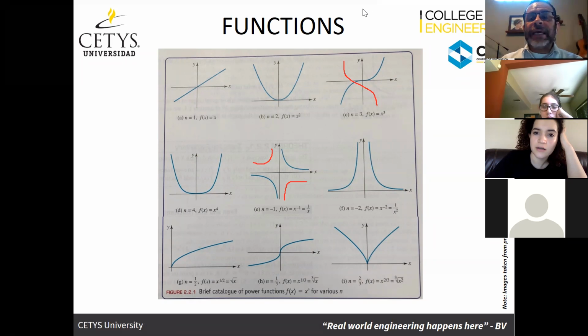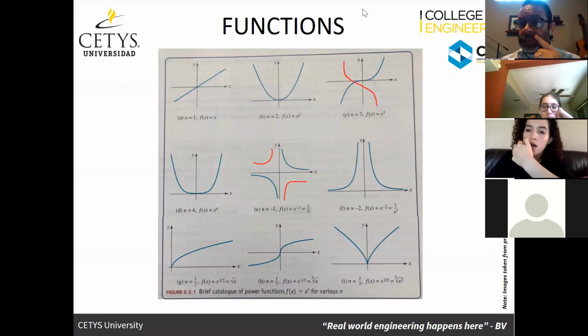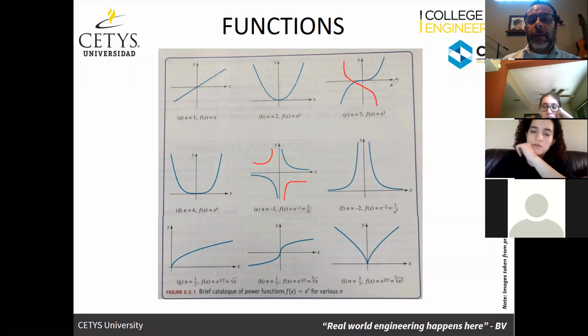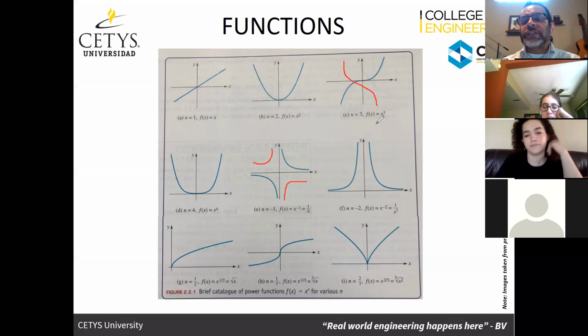However, when we say it's negative, it means the whole function is negative. That is correct. So for example, you have f of x. Leave the other drawing there, Yesel. Yeah, thank you very much. So for example, Yesel, we have f of x equals x to the 3, that's the blue one, okay?